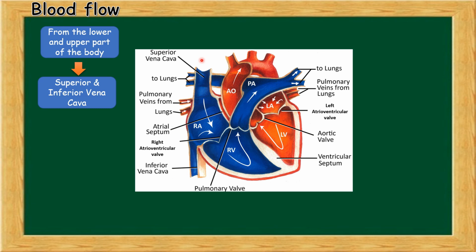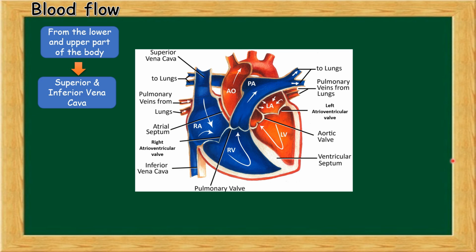On the other hand, the deoxygenated blood that comes from the upper part of our body enters our heart through the superior vena cava. Then the deoxygenated blood will now move inside of our heart.